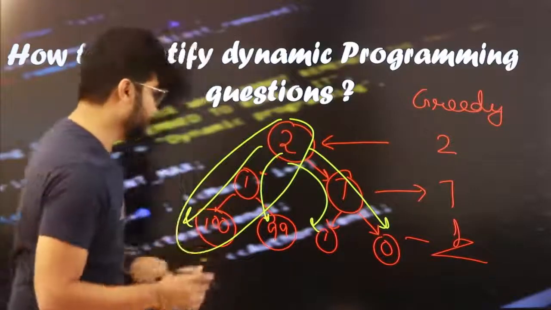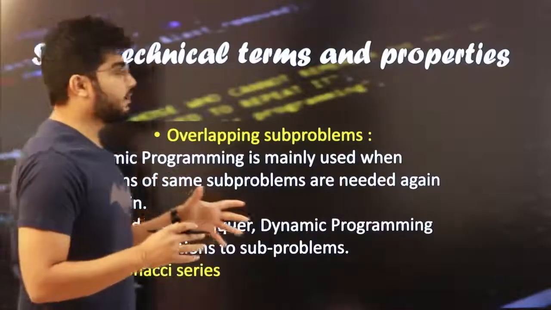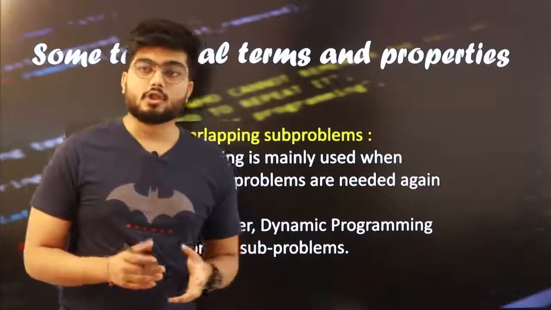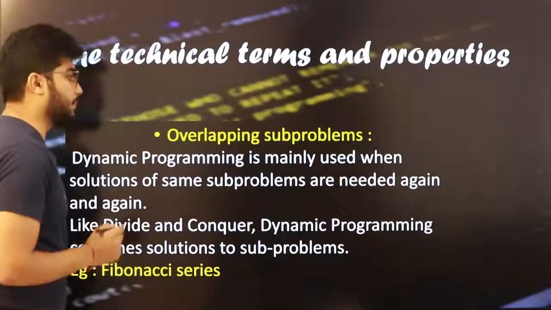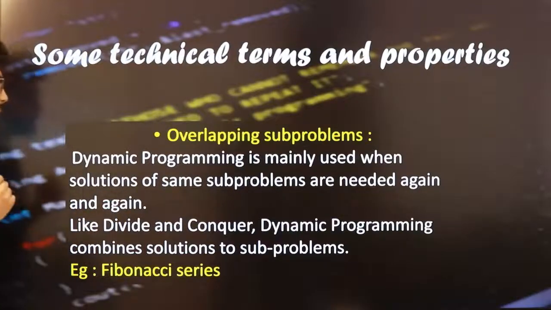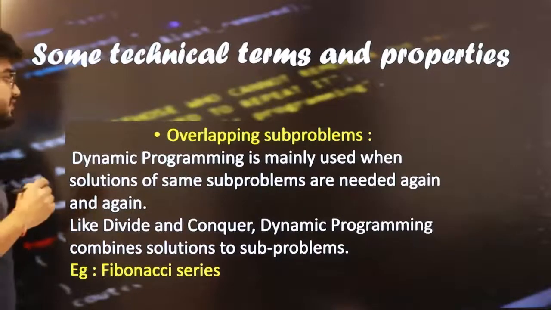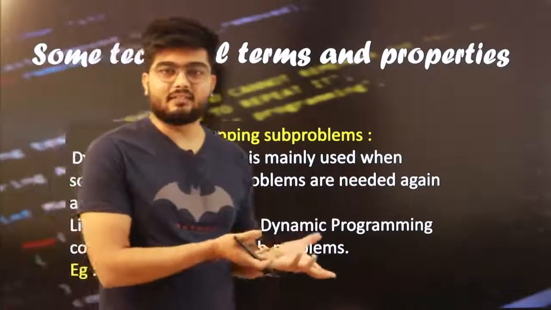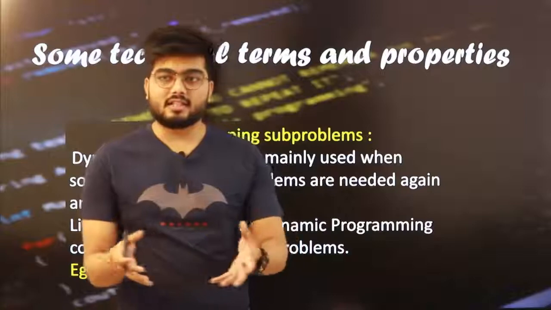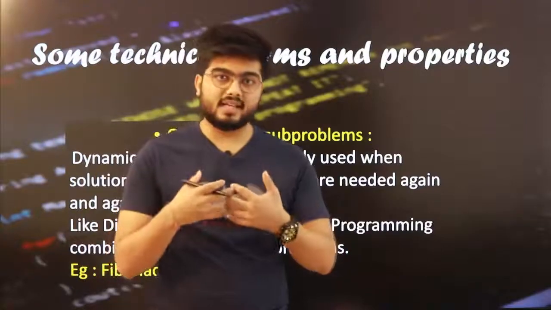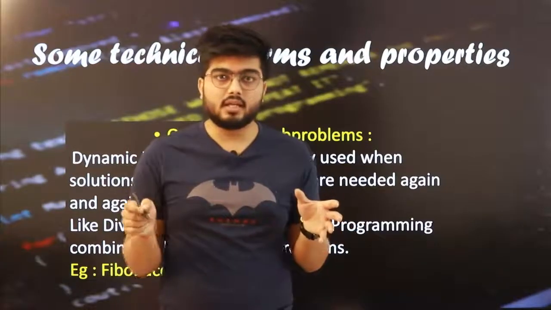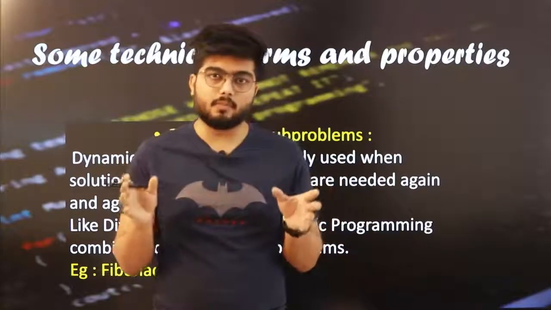So we'll move forward. Now we'll look at some of the technical terms and the properties involved in dynamic programming. So the very first thing is overlapping subproblems. Dynamic programming is mainly used when solutions of the same subproblems are needed again and again. It's very simple. The thing that we were talking about, that there are going to be some overlapping, as the name suggests. You're going to calculate two subproblems and there should be some overlapping of those problems.